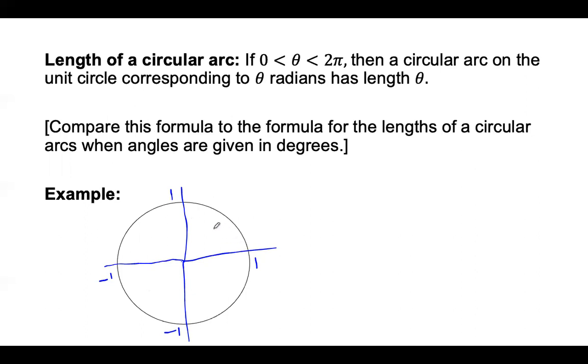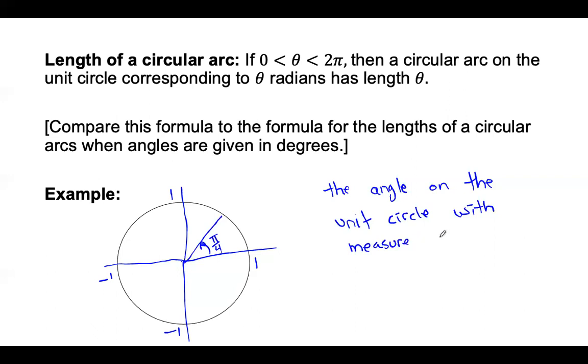Let's say you have an example where our angle here is pi divided by 4. So this means the angle on the unit circle with this measure is pi divided by 4 radians.